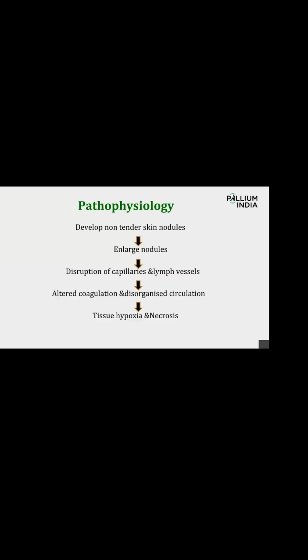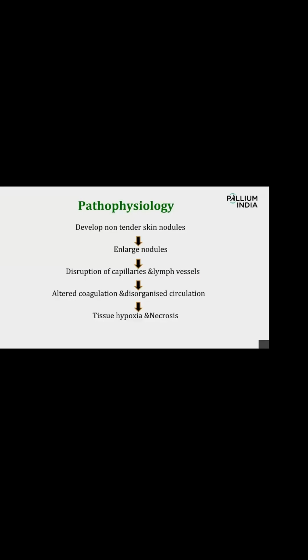In a normal wound, it would go to the next stage with erythema, and if we apply an antibiotic or T-Bact, it will calm down. But here the main thing that happens is disruption of capillaries and lymph vessels.